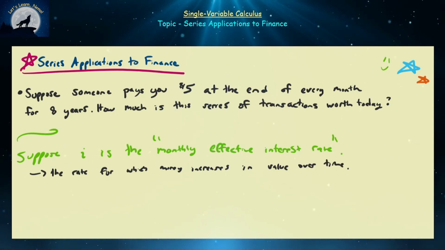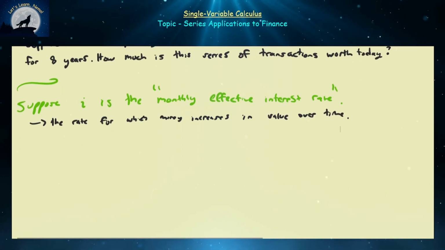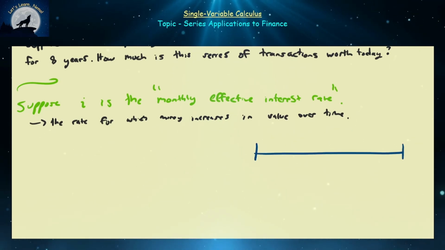over time. So if we draw a little timeline to view how our money changes in value over time, we have 0 months, 1 month past, 2 months past, 3 months past, and so on. Obviously, if we have some balance S0 and some balance S1, S1 should increase in value with respect to S0.